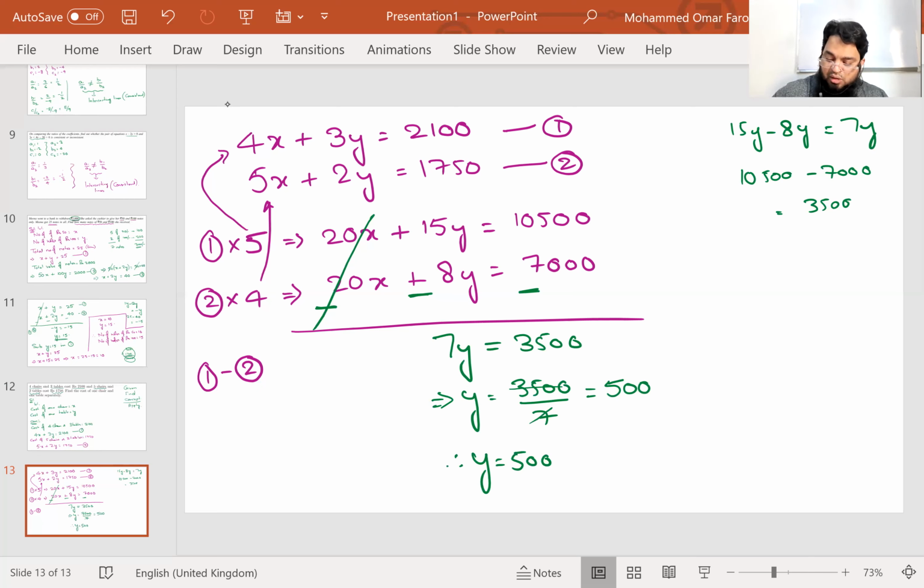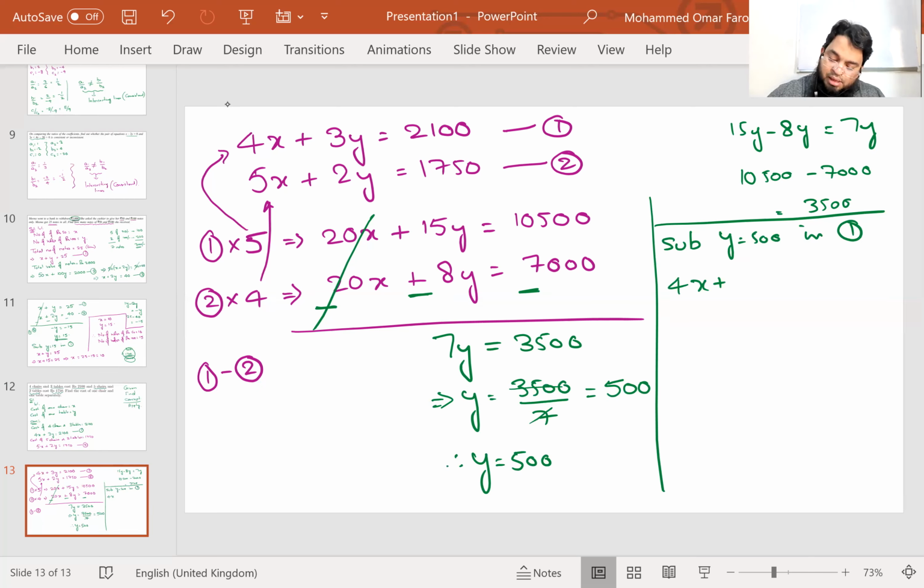What is the next job, my dear students? Substitute y equals 500 in the first equation. So 4x plus 3 into 500 equals 2100.